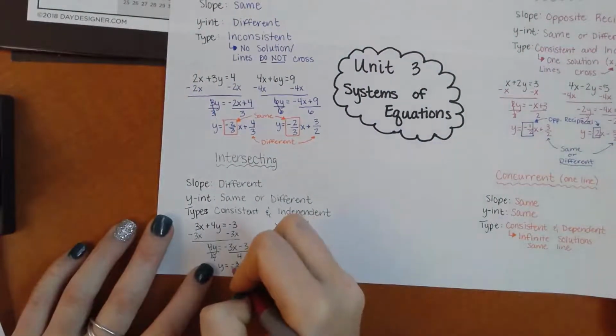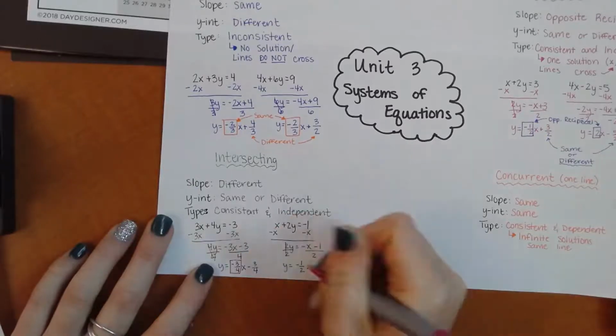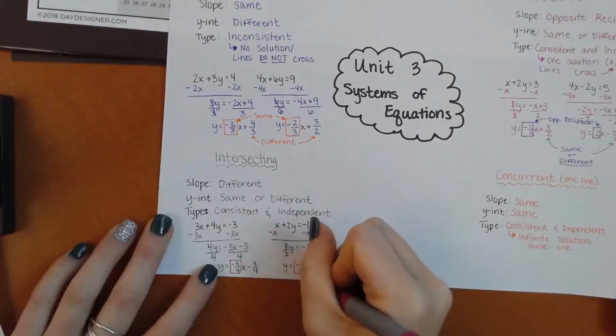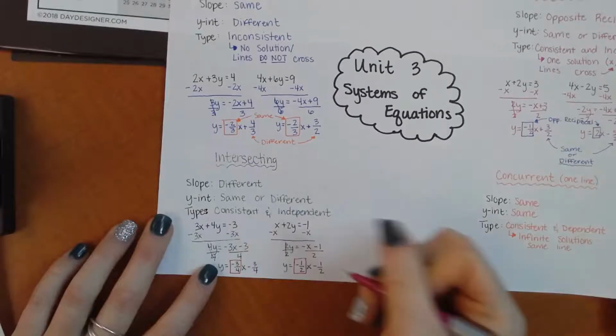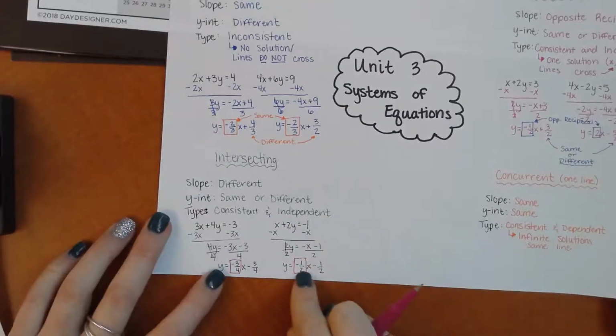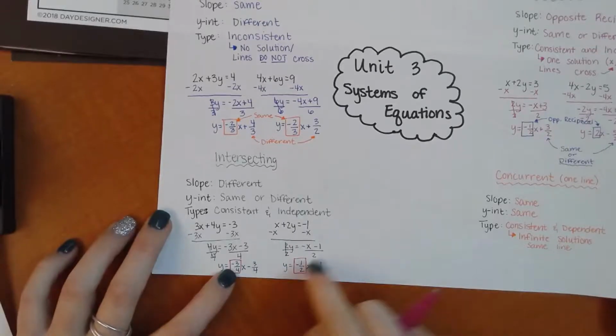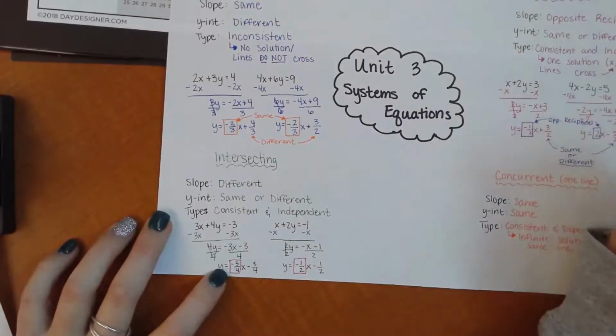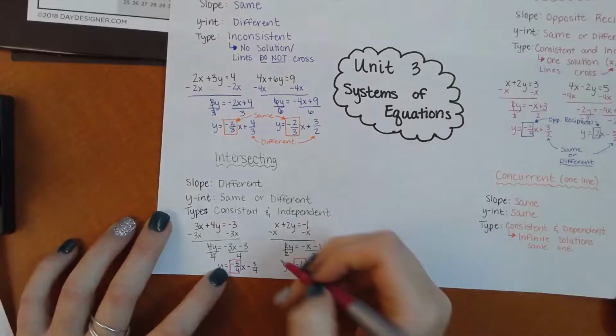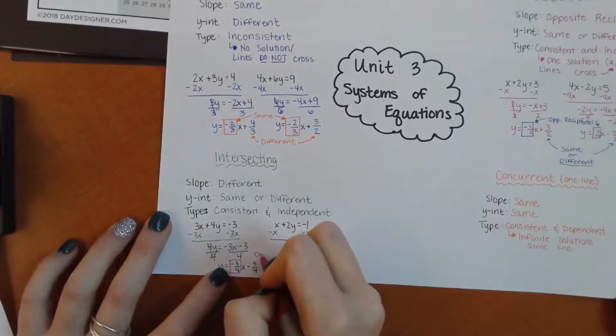So when I'm looking at my slopes, first I need to see if they are the same or if they're opposite reciprocal, and they're obviously not the same. And then they are both negative, so they're not opposite, meaning that they're not going to be opposite reciprocal. So meaning that they have to be different.